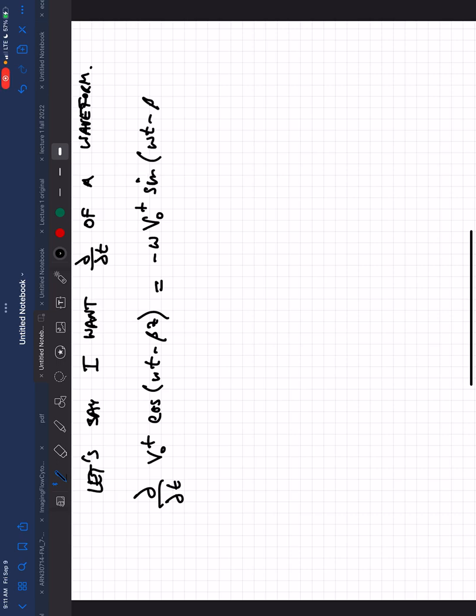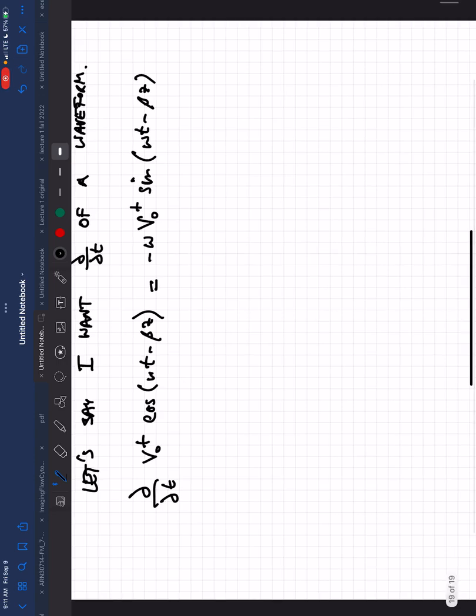Omega t minus beta z. So I'm just taking the derivative of cosine. And this, again, with the sine thing, is just the real part of j omega V0 plus e to the minus j beta z e to the j omega t.